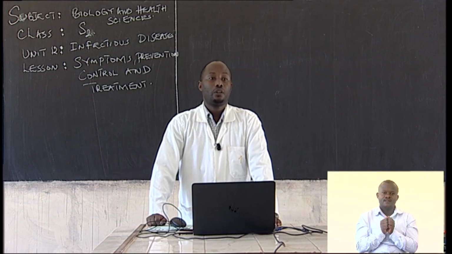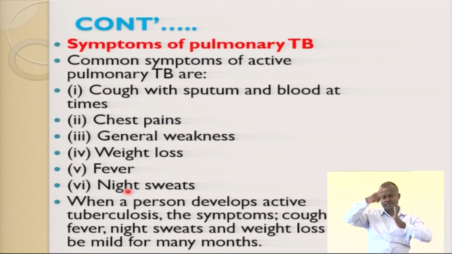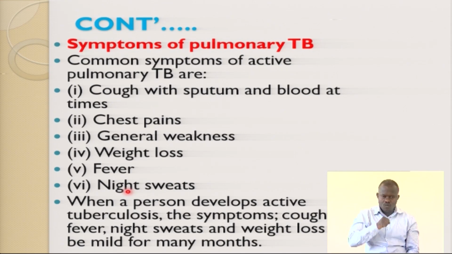I think once you see them, you are able to go through these signs and symptoms of tuberculosis. One is cough, with sputum and blood at times. When someone coughs, the sputum may contain blood. Once you cough and release sputum with blood, you start to suspect you must be suffering from pulmonary tuberculosis.